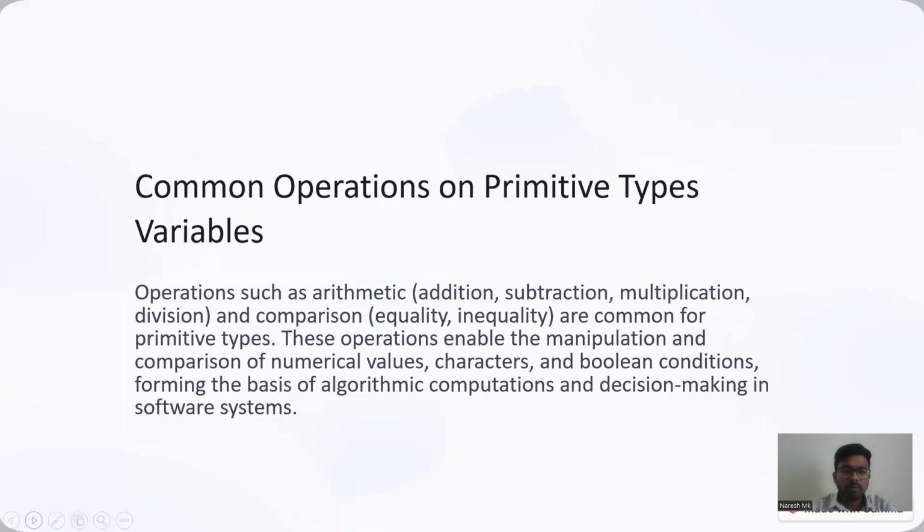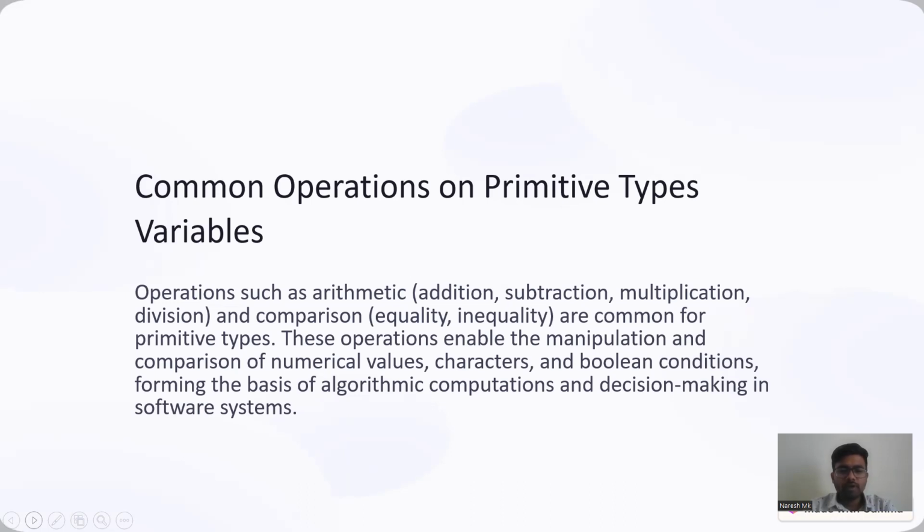Common operations on primitive variables. Operations such as arithmetic: addition, adding two numbers, subtraction, multiplication, multiplying two numbers, and dividing two numbers. And comparison: equality and inequality are common for primitive types.